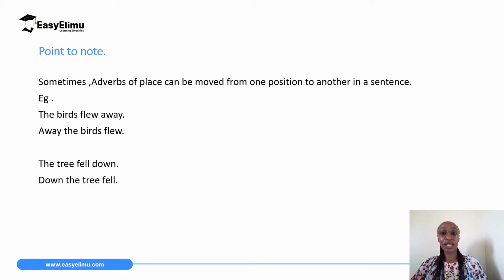They can be at the start of a sentence. For example, you can say, the birds flew away. Away is the adverb of place. In that sentence, it is at the end. But it is also correct to say, away the birds flew.